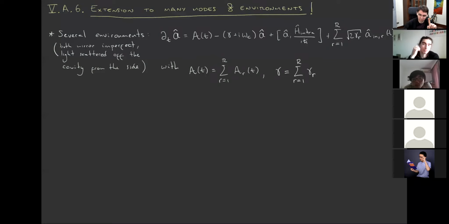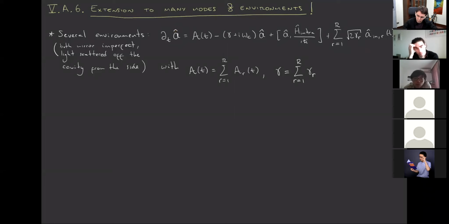But, and this is important, each input operator is coupled to the intracavity field by its own damping, okay? So in total, the energy escapes at a damping rate that is the sum of all damping rates, but the coupling to each input operator is through each independent coupling, okay?